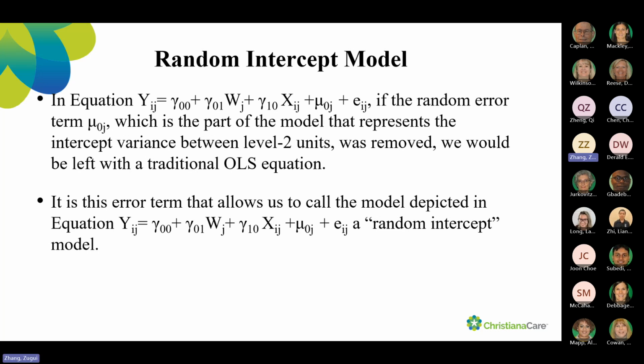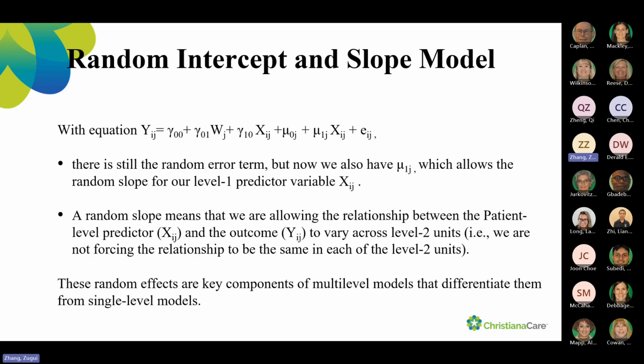For the random intercept model, the random error term here, mu0j, is the part of the model that represents the intercept variance between level 2 units, such as hospitals. Without this, we would be left with just the ordinary least squares equation. Because we have this random intercept term, the model depicted in the equation is called the random intercept model.